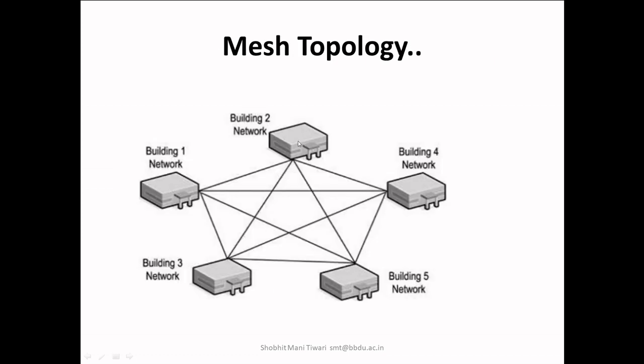If suppose building 2 network gets congested or overloaded through other communicating devices, then in that particular case, if suppose building 3 wants to transfer some information to building 4, then it will identify that building 2 is already congested, so it will not access this particular path or any path through building 2 network, and it will choose some other path to transfer some information to building 4 network.